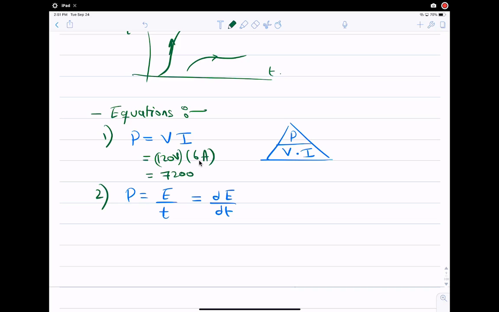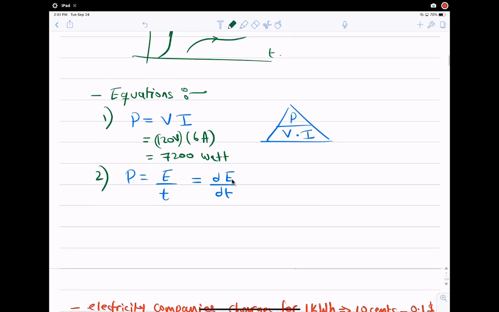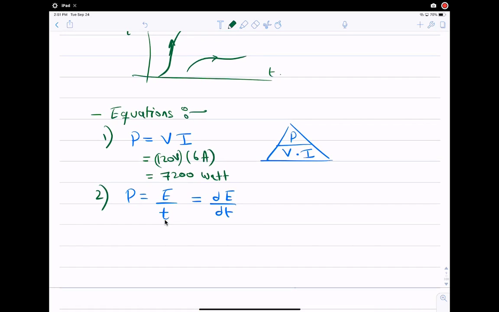If I'm not mistaken, 7,200 watts. If I want to relate power to energy, we already said it's the derivative of energy, or the rate of energy over time. That was the entire definitions.